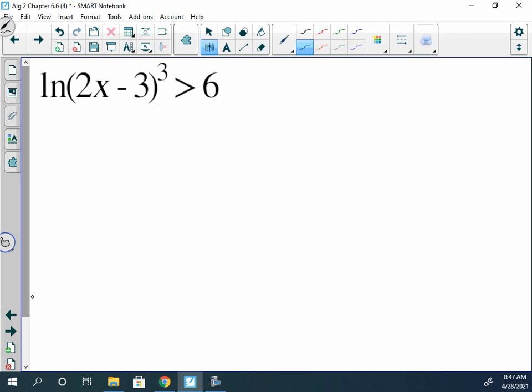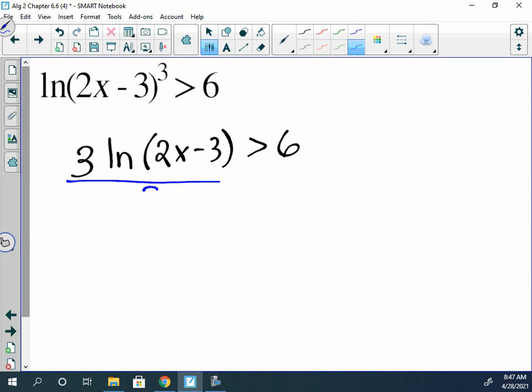Because if it was attached to the natural log, we'd have to cube root both sides to get the natural log by itself. But since this is attached to the 2x minus 3, our power rule says I can move the 3 out front. We would get rid of it, but not by minus or plus; we would divide, since these are being multiplied.